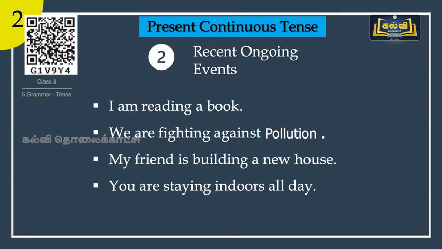Let us look at some examples. I am reading a book. We are fighting against pollution. And third usage of present continuous tense is to express future event. You're going to do something, you can express the same in present continuous tense. In simple present tense, we saw that we could express the things which are fixed events, timetables, schedules.